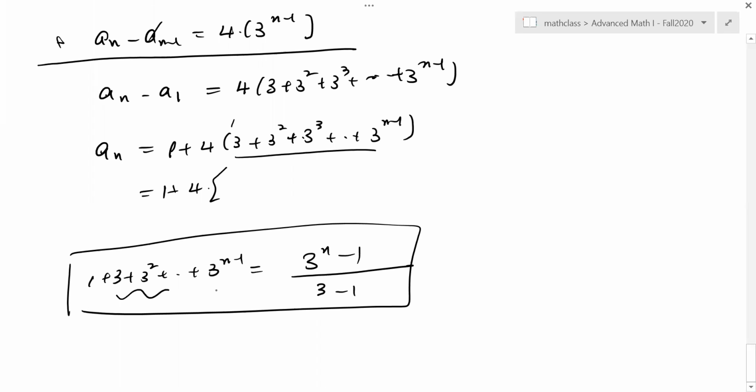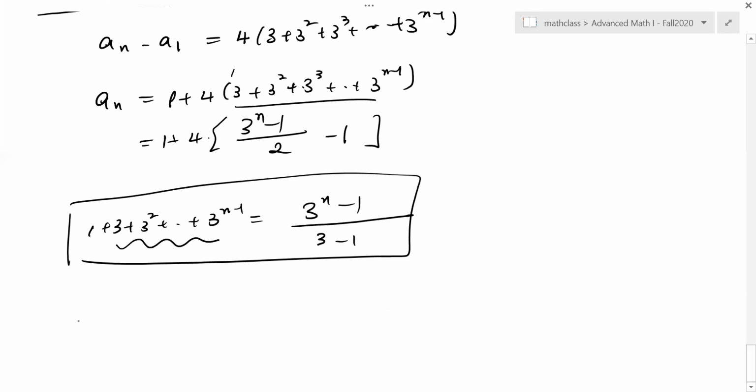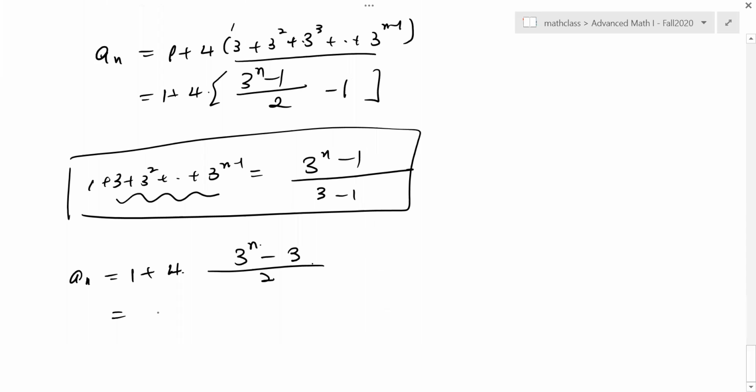So this part will be just equal to the term on the right-hand side, minus 1, right? Because you have to move 1 to the right-hand side. So let's simplify it. I think this will be 3 to the n minus 3. Right. And then cancelled.